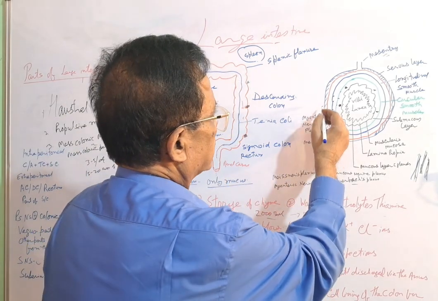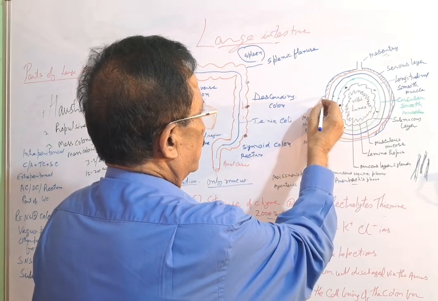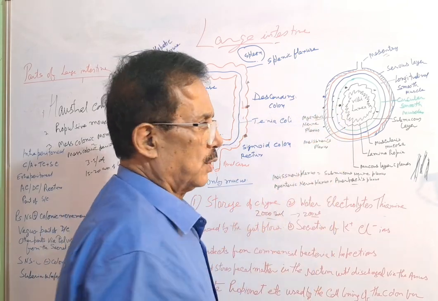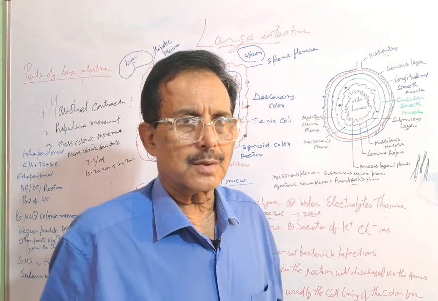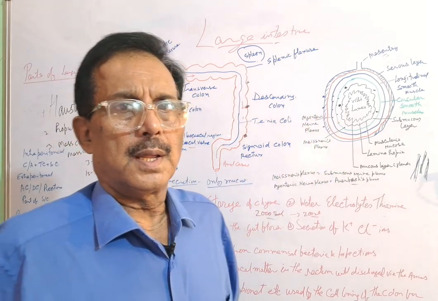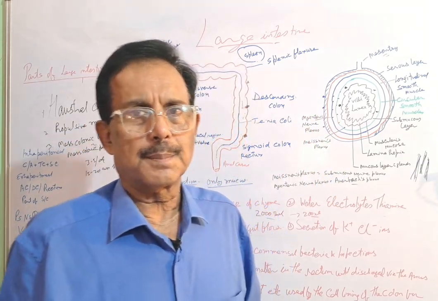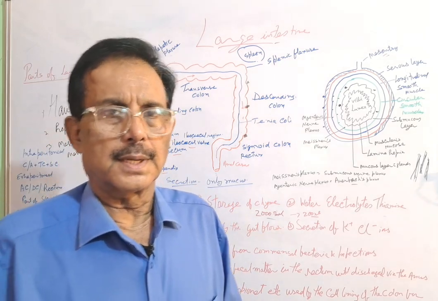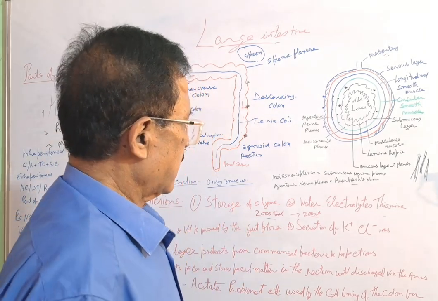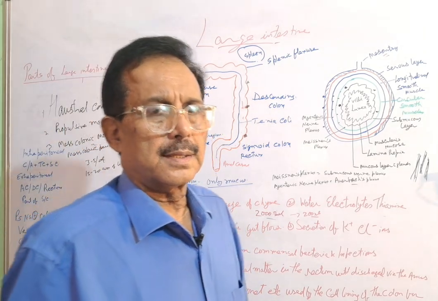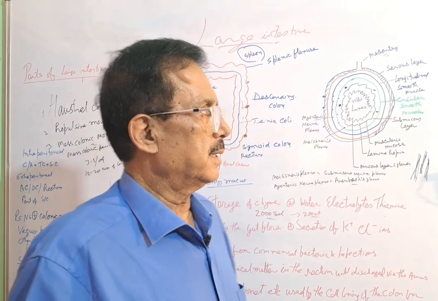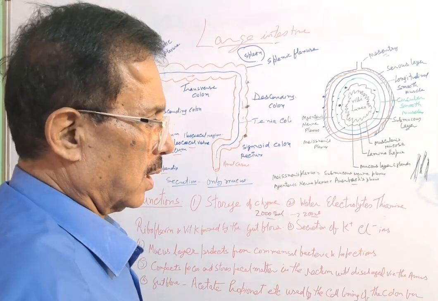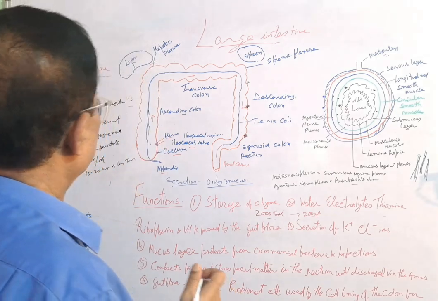Again, at the serous layer, a few fatty bags are present. A few fatty bags are attached to the serous layer of the large intestine. They are known as appendices epiploicae. Okay. And these tinea coli are always in a tonic state.